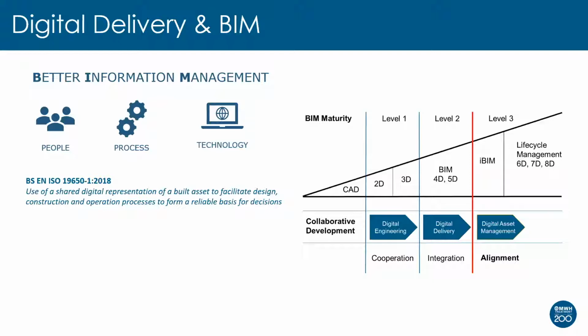So level 3, this very much is taking the whole digital approach we see through project delivery, but it's the end user driven piece of the jigsaw. So this is where the end users are using intelligently the information that we provide throughout the project life cycle.